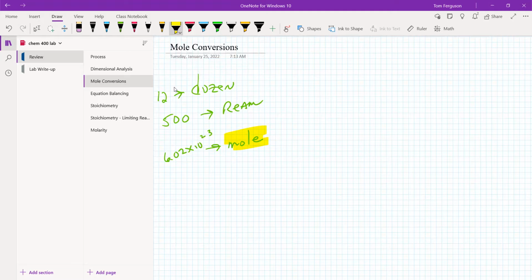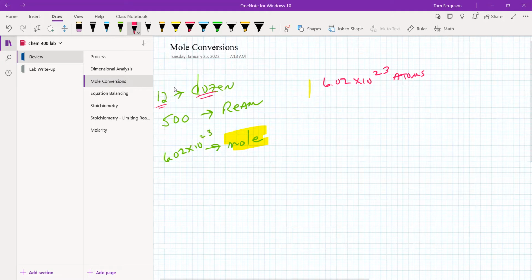Okay, so we have one conversion factor then. I'm going to say atoms, but it just as easily could be molecules. It could also be students. It could also be ducks. It's just a unit, just like a dozen could be eggs or donuts.